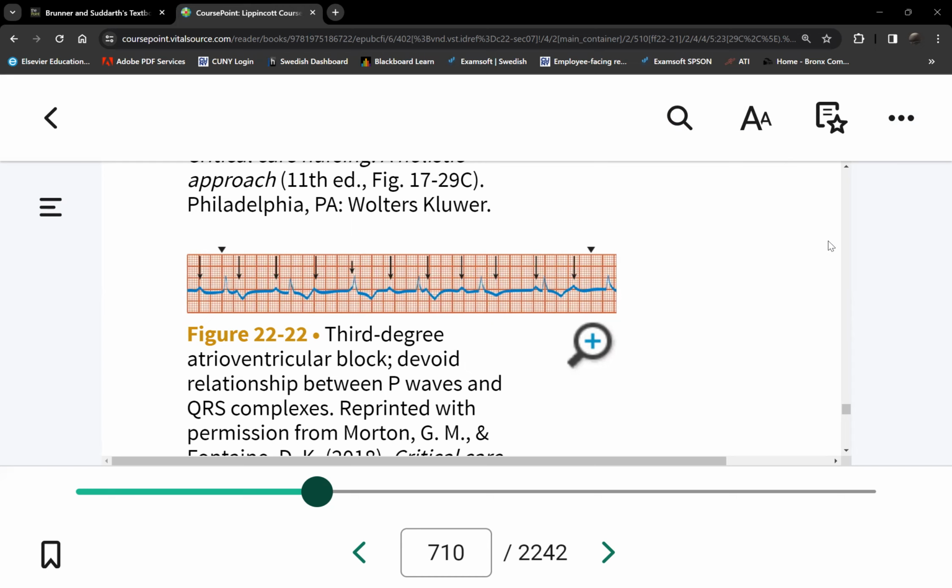So the AV node's going, hey, I don't know what you're doing, but I'm not getting any impulses, so I'm going to generate my own. Then the SA node will also say, well, I don't know what's going on down there, but I am firing 60 to 100 times per minute. So somewhere between the SA node and the AV node pathway, something is blocking the transmission.